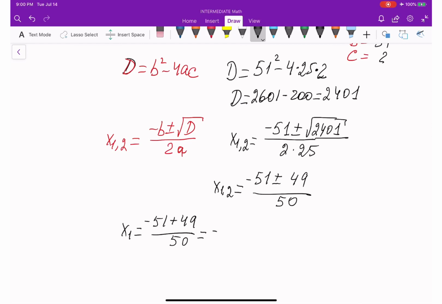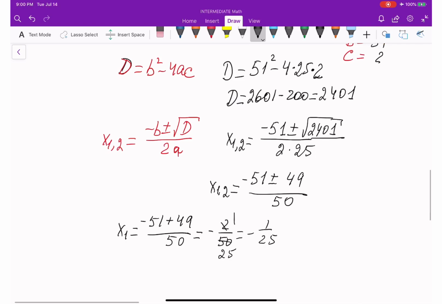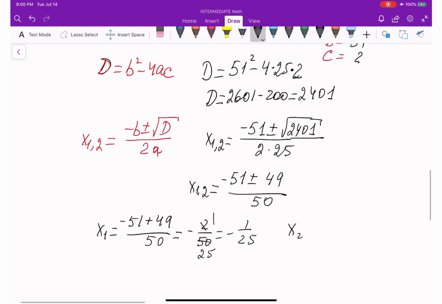That will be negative 2 over 50, which is going to be negative 1 over 25. And x2 is going to be negative 51 minus 49 over 50. And that will be negative 100 over 50, which is equal to negative 2.